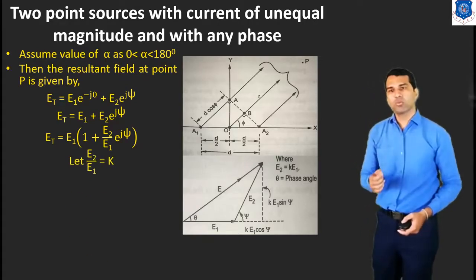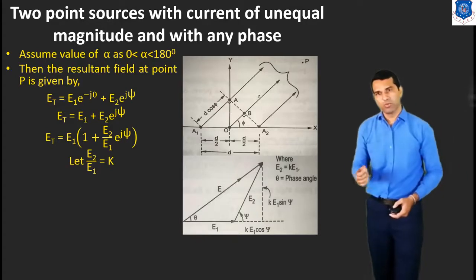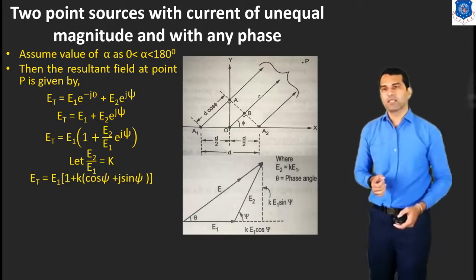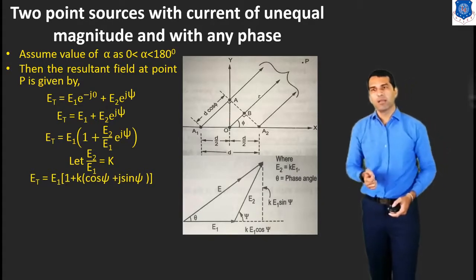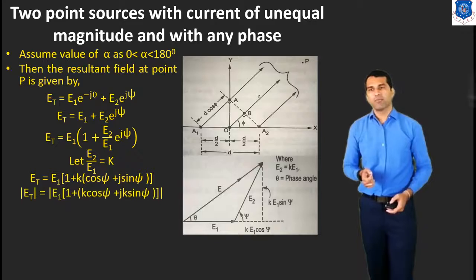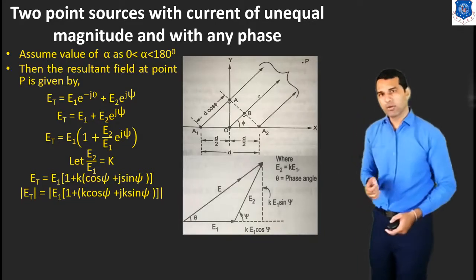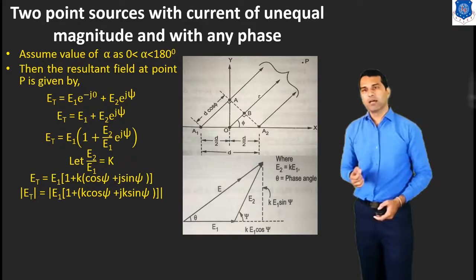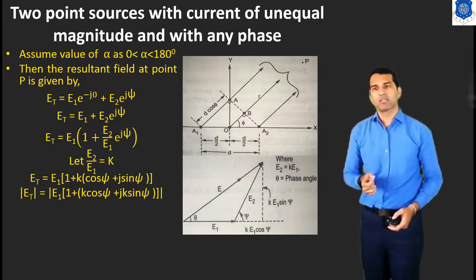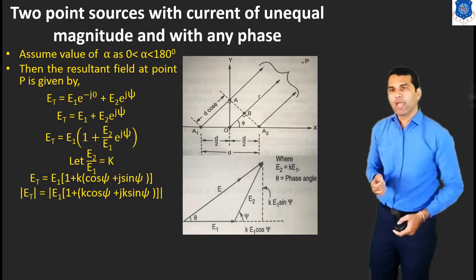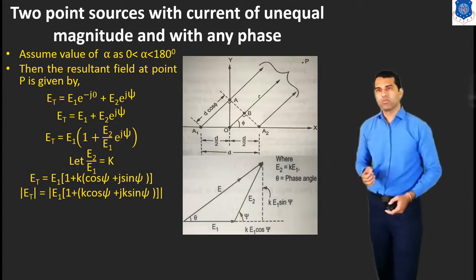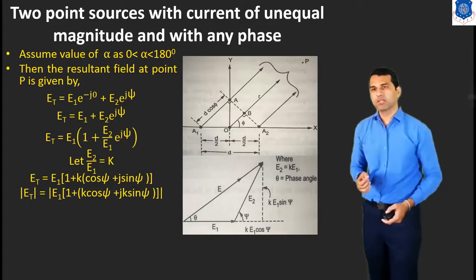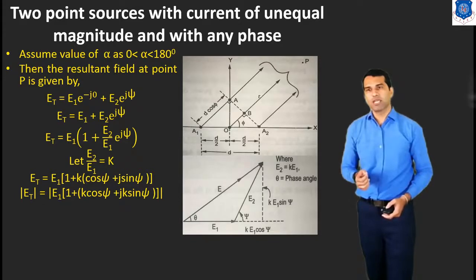Now let me consider E2/E1 as K, so E2/E1 = K. So we can write this equation as E1(1 + K e^(jψ)), and instead of e^(jψ) we can write, by using the trigonometric equation, e^(jψ) = cos ψ + j sin ψ. And now we solve this equation, we take the magnitude. So Et = E1[(1 + K cos ψ) + jK sin ψ].